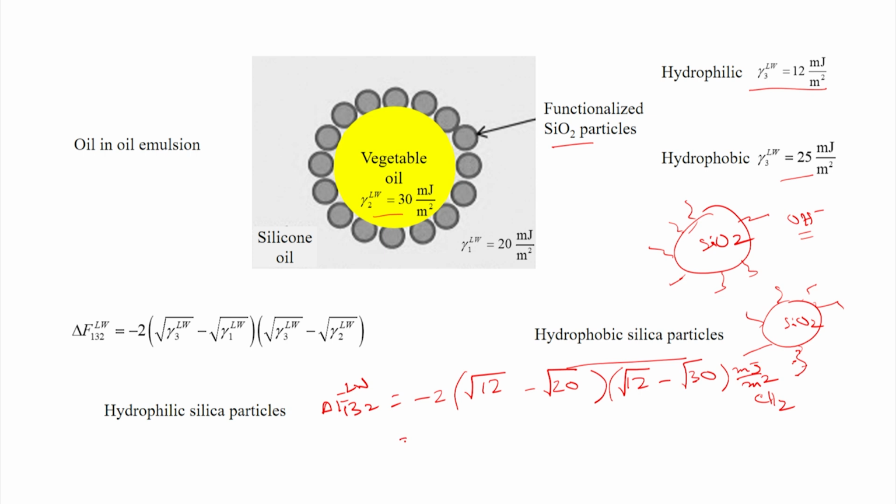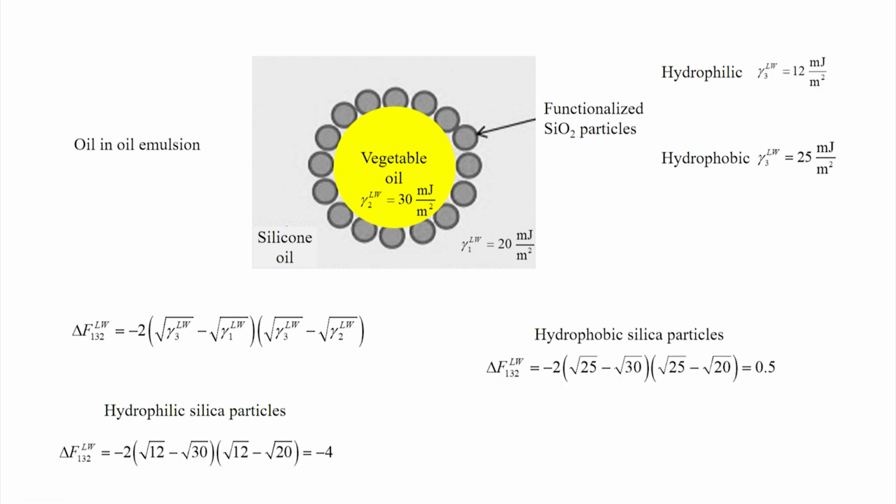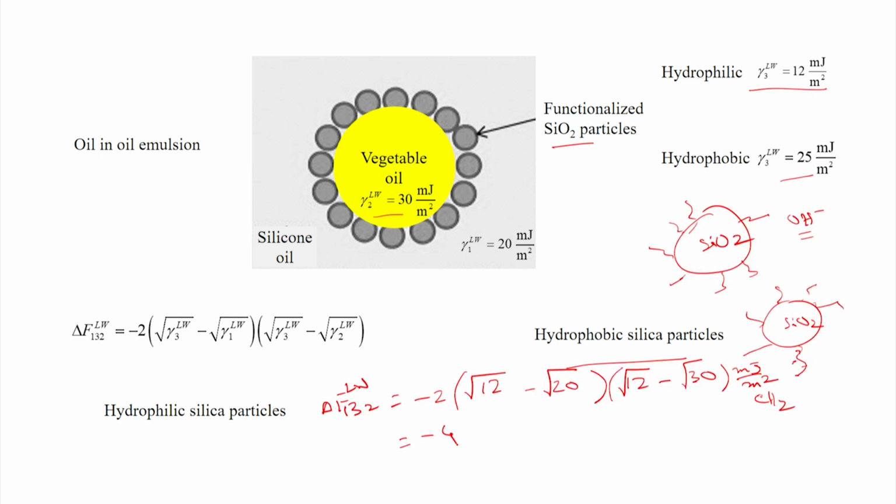Now, you can calculate, this will be close to minus 4 here. So, that means what? That this interaction energy between the vegetable oil and silicon oil, when they are stabilized by these hydrophilic SiO2 particles, comes out to be negative.